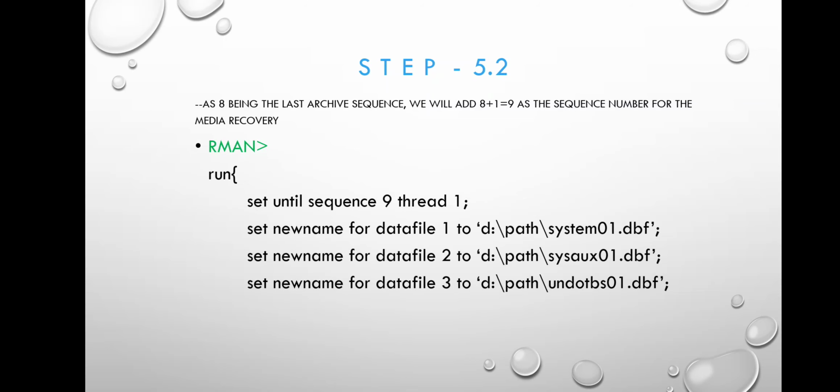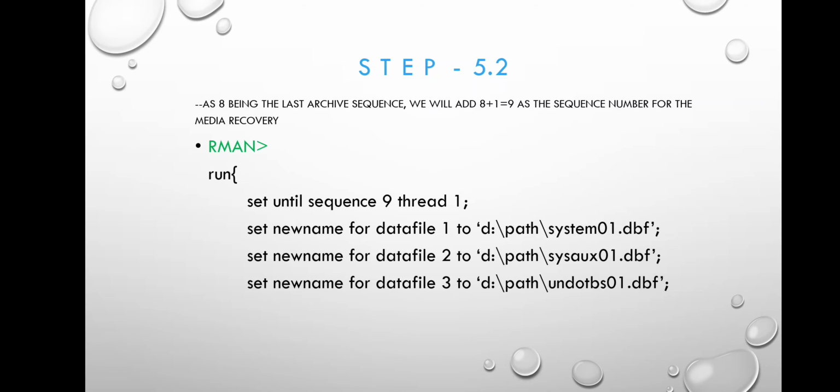Step 5.2. As per the list archivelog all command, 8 is the last archive log sequence. This is an example you can take. If 8 is the last archive log sequence, we will add 1 to 8, so 9 will be the sequence number for media recovery.